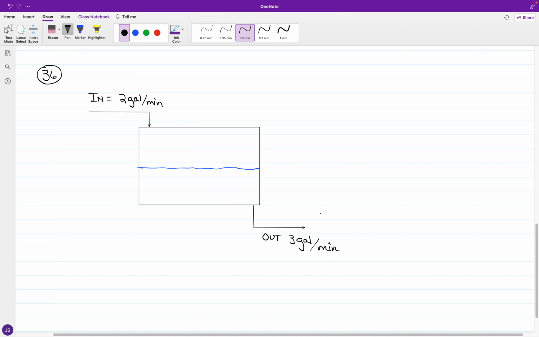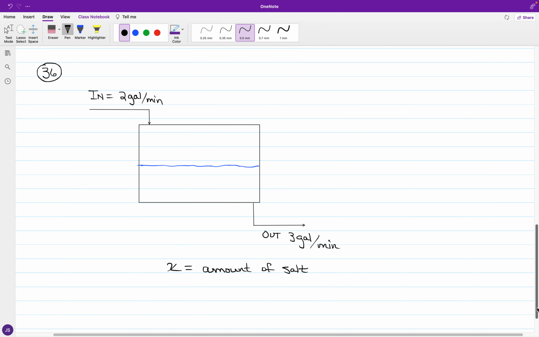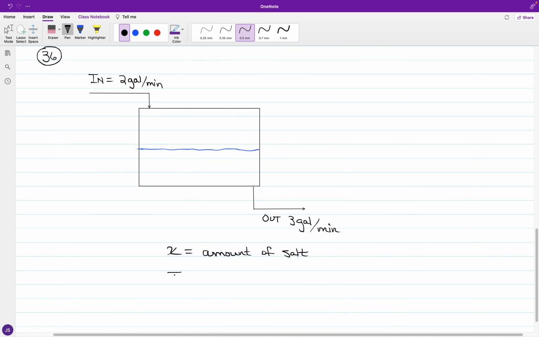Now for the salt, we will assign the variable x, where x is equal to the amount of salt. And just setting things up here, we have the in-stream and the outstream.